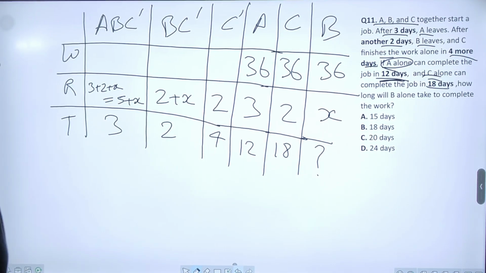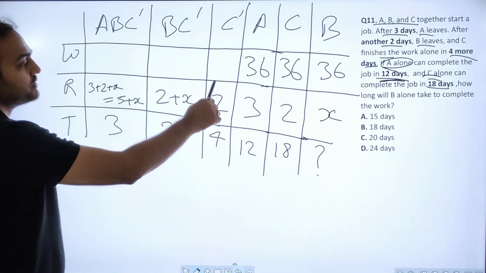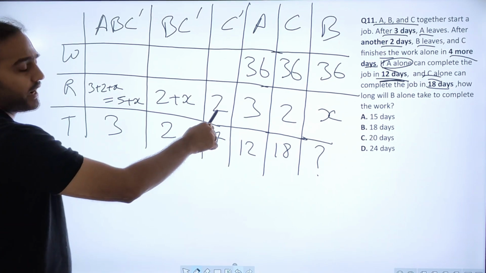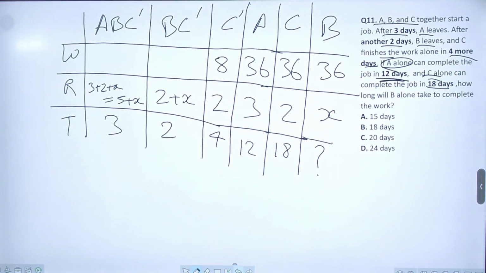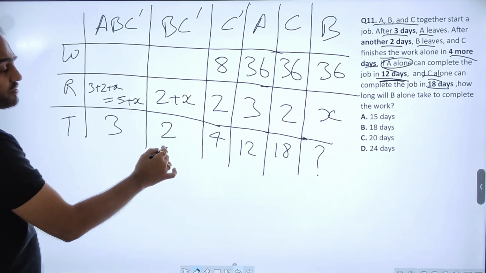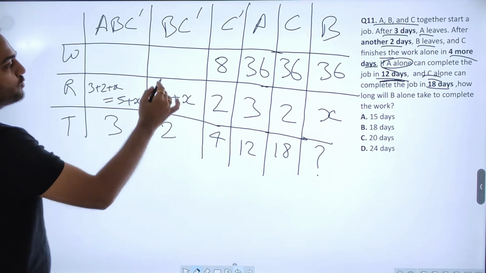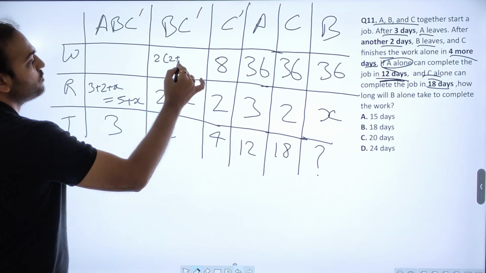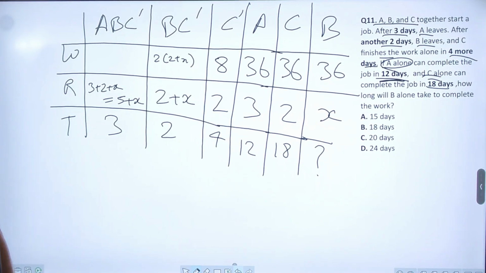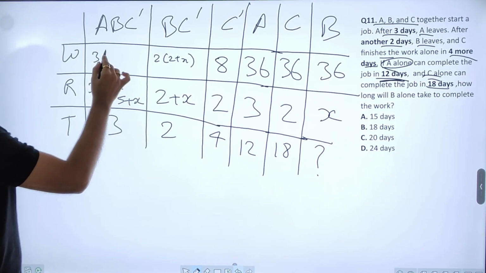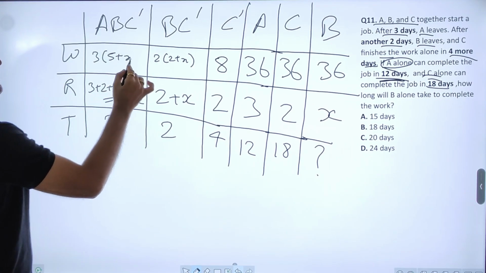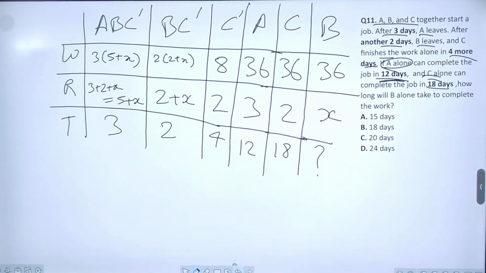Okay, complete the table. C works for 4 days at a rate of 2. So he eats 8 chocolates. B and C work together for 2 days. So they do 2 into 2 plus x. Okay, A, B, C work together for 3 days. So they do 3 into 5 plus x.